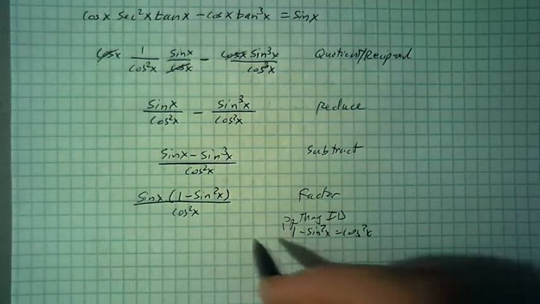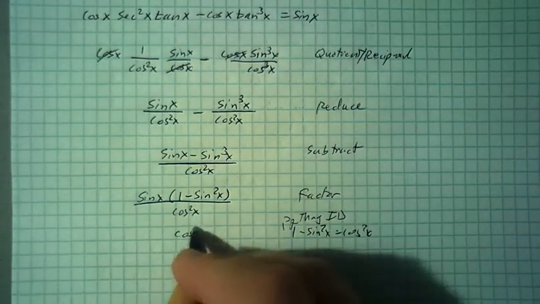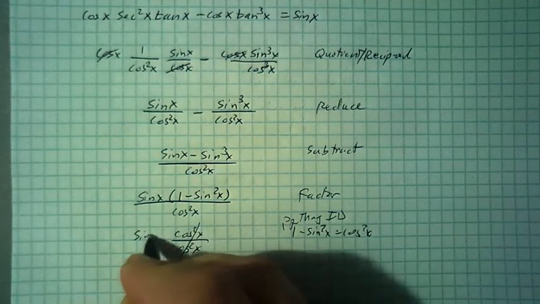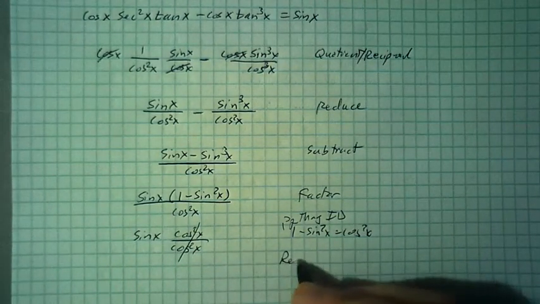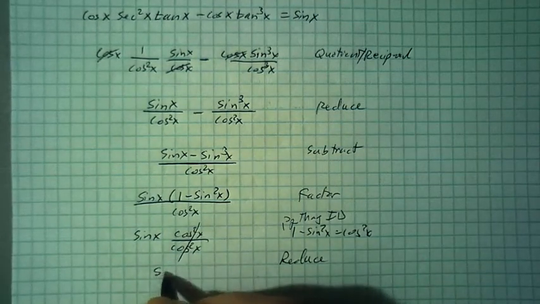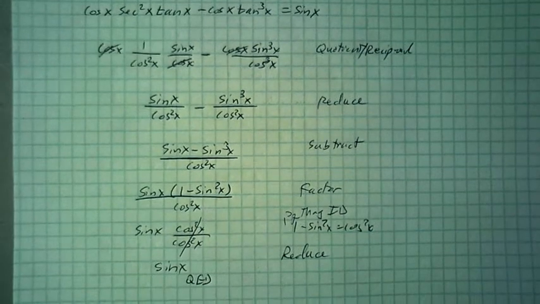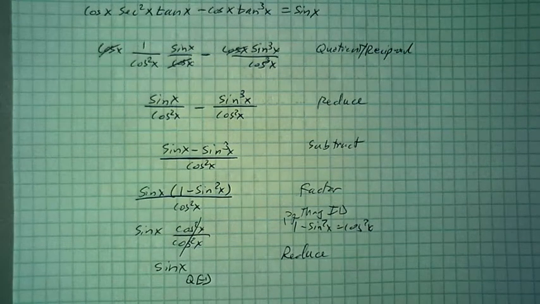So this Pythagorean identity means I've got cosine squared over cosine squared, which will reduce. And sine x, which is what I wanted. No, I think I'm done.